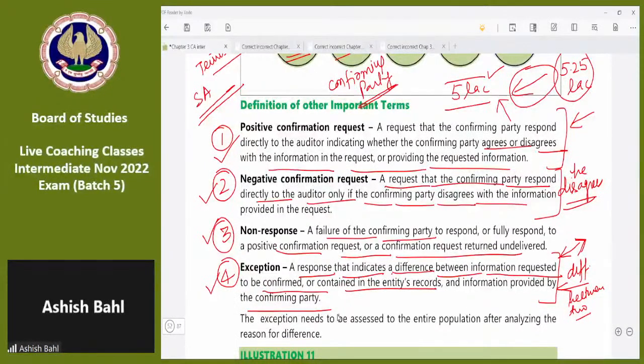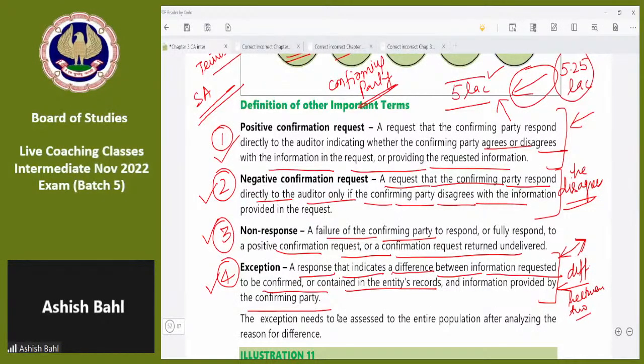So Ayush is asking, sir, why in the module is it written that non-response is in respect of positive confirmation request? Say Ayush, it is so written because negative confirmation request is in itself a type of non-response.